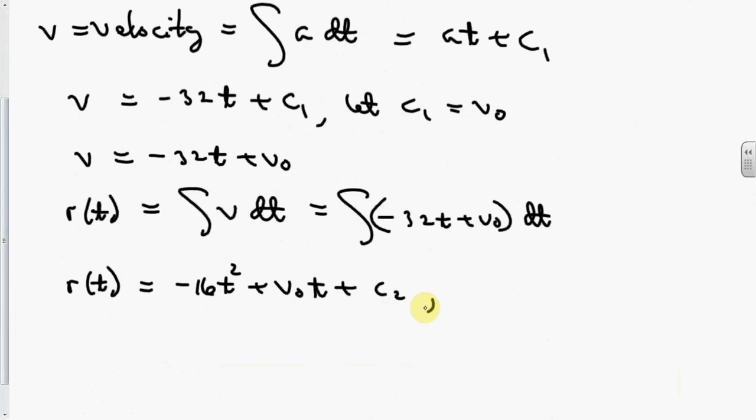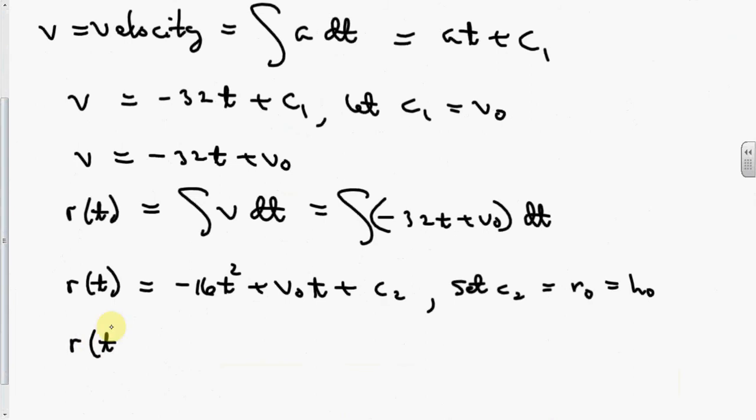So here, c sub 2 is the distance. So we set c sub 2 to equal the initial height. You can call it R naught or H naught, if you will. Doesn't matter what you call it.